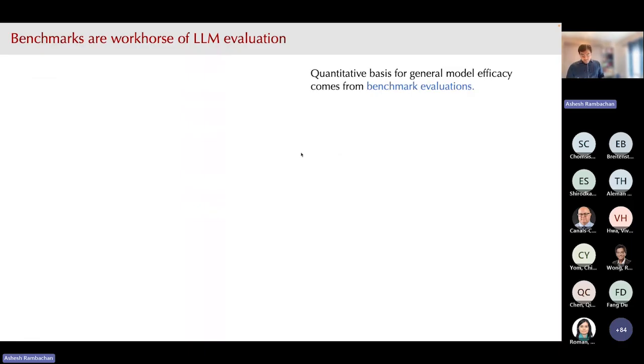Now I want to give a bit of background to get everyone on the same page about how we have thought about LLM evaluation over the last 5 years. In computer science and AI, much of the quantitative basis for the performance of large language models arises from what people refer to as benchmark evaluations, which measure how well large language models perform on a specific collection of queries or questions.